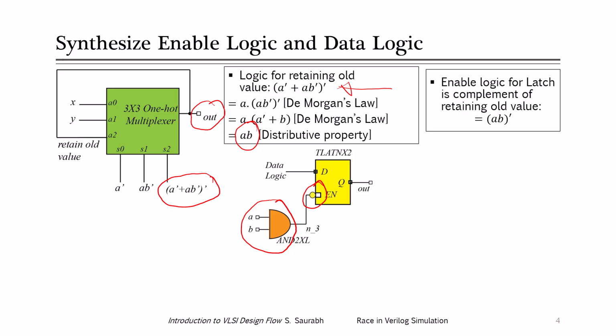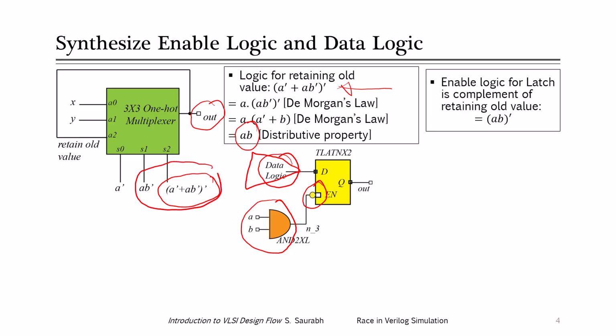Now let us understand how the data logic for this can be inferred. We know that whenever this (A complement + AB complement) whole complement is true, or AB is true, in that case the latch is retaining its old value. Therefore whatever is being produced at the data logic under the retaining condition is immaterial, and therefore we can get rid of this.